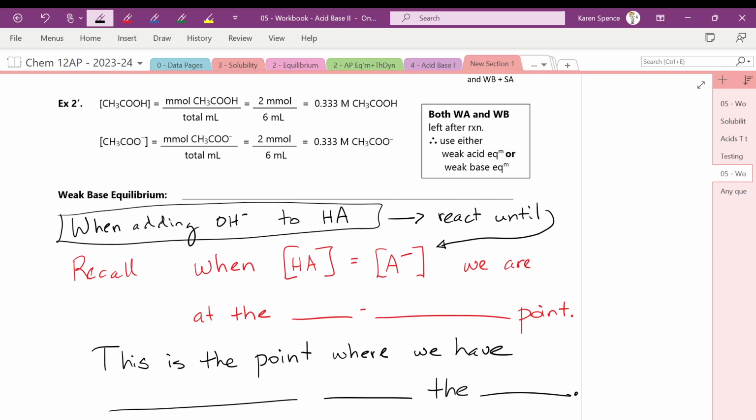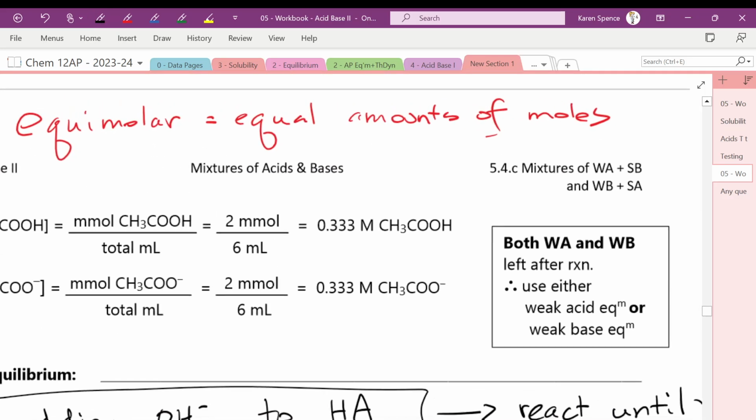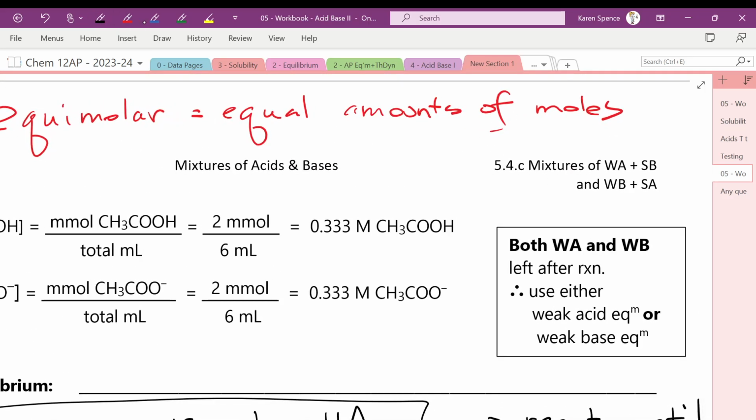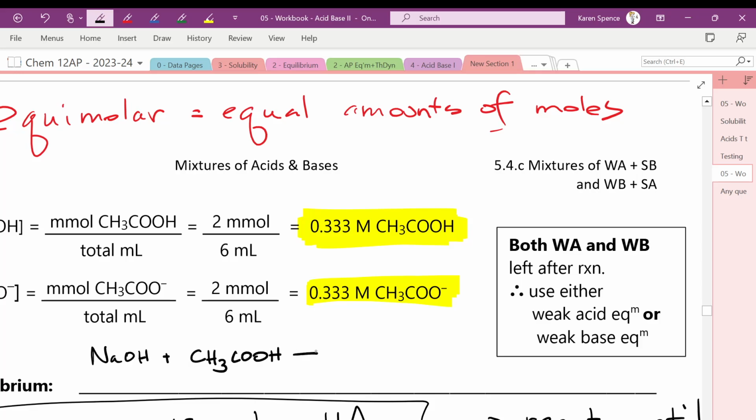How did we get to, do you remember? We got to this point where we had the same concentration of CH3COOH and the same concentration of its conjugate base. And we got that by adding NaOH, we added the sodium hydroxide into the CH3COOH, and we got NaCH3COO, and we got H2O.